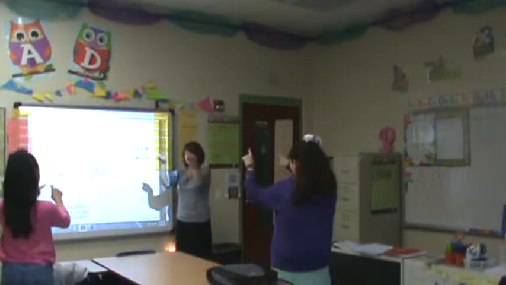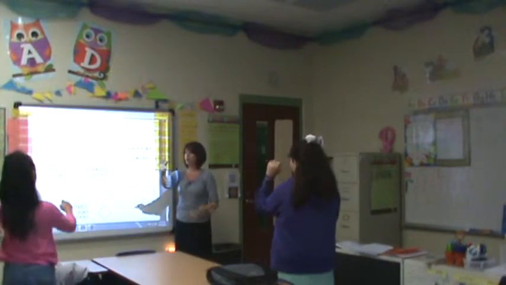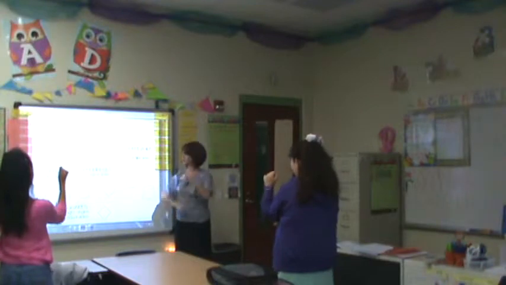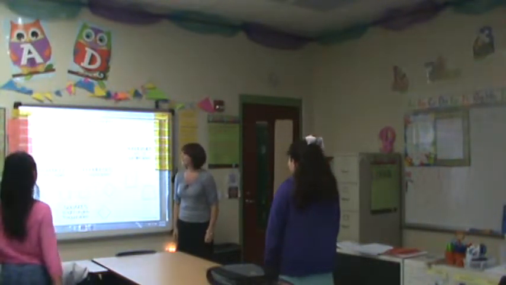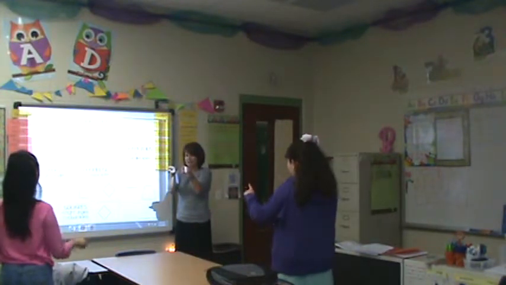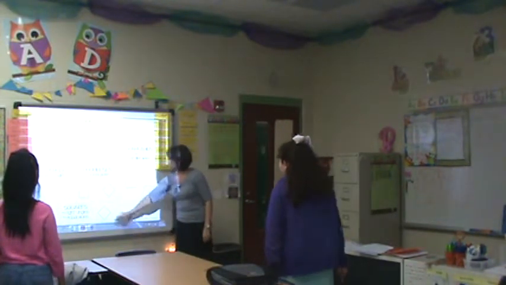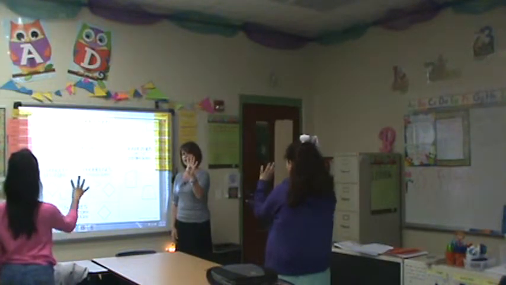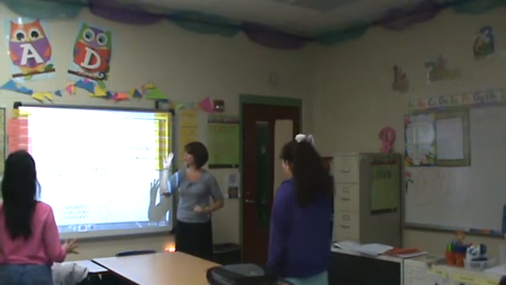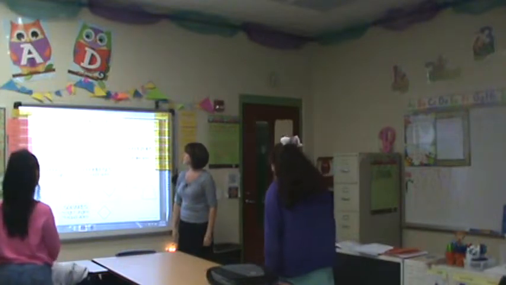Go. Rectangles. 4 right angles. That rhymes. Rhombuses. 4 equal sides. Good job. Squares. 4 right angles. 4 equal sides. Good job.